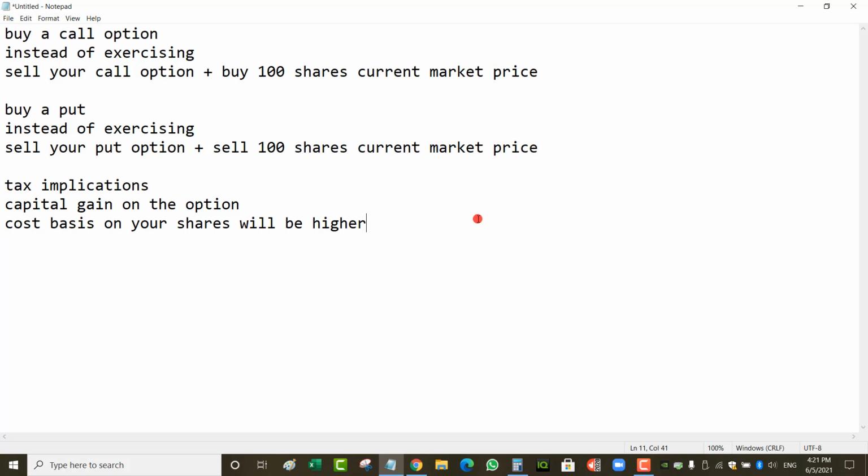So in the example of Tesla, we bought it for 700, and instead of selling at our 620 strike, we end up selling at the current market price of $599. So you're generating a bigger loss by selling the shares at the current market price instead of exercising your put option at a 620 strike.